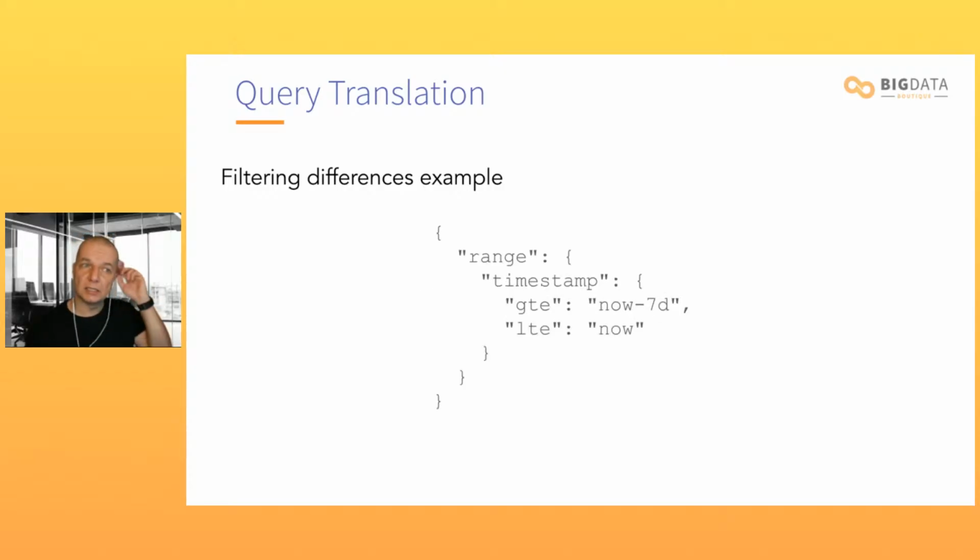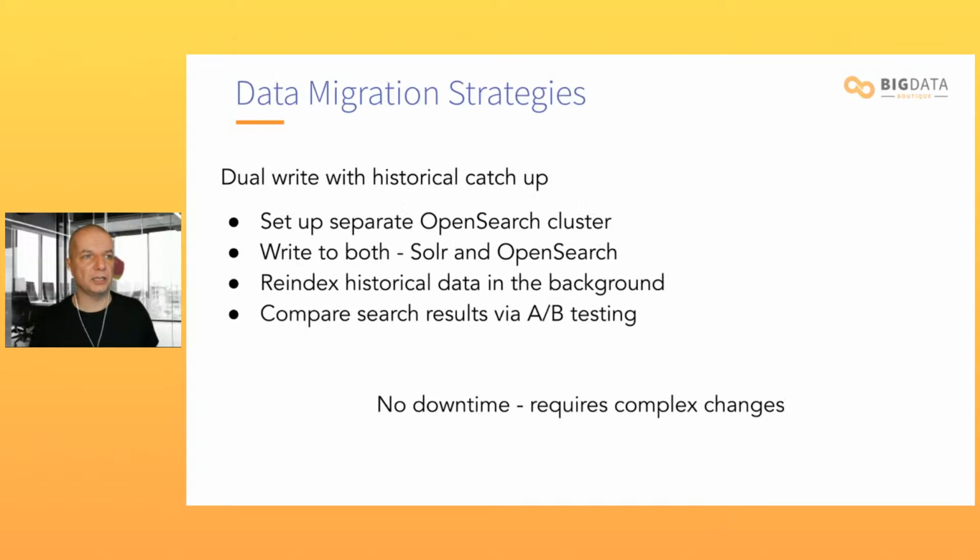And in OpenSearch, we would have to put that, of course, in a Boolean filter, but just to simplify here we have a range query that would do the same limiting. So timestamp and so on, greater than or equals now -7 days, lower than or equals now. So we have those results ready.